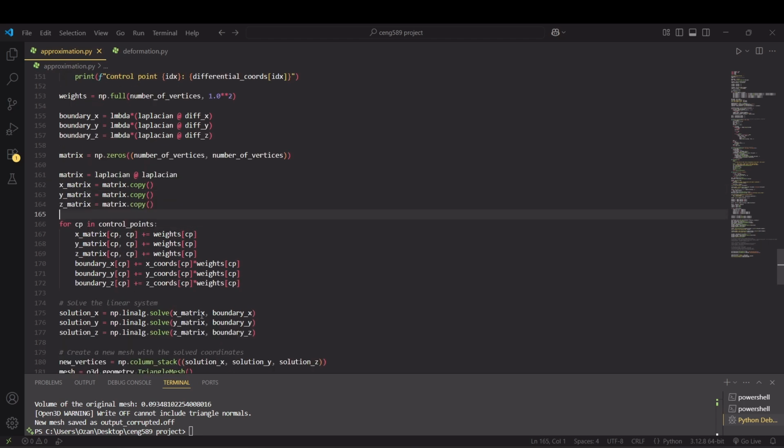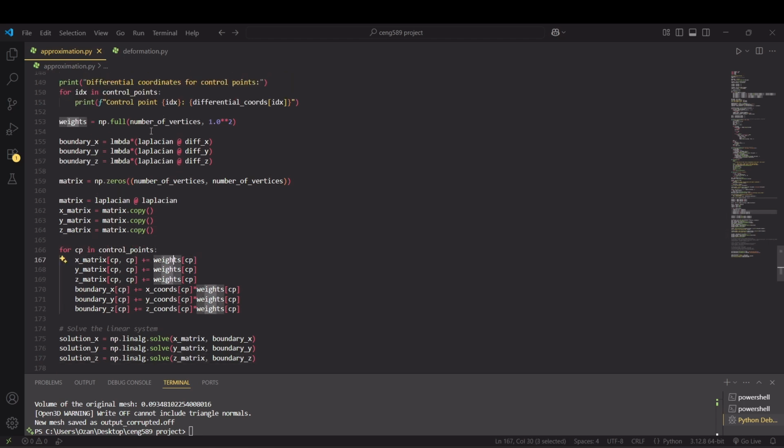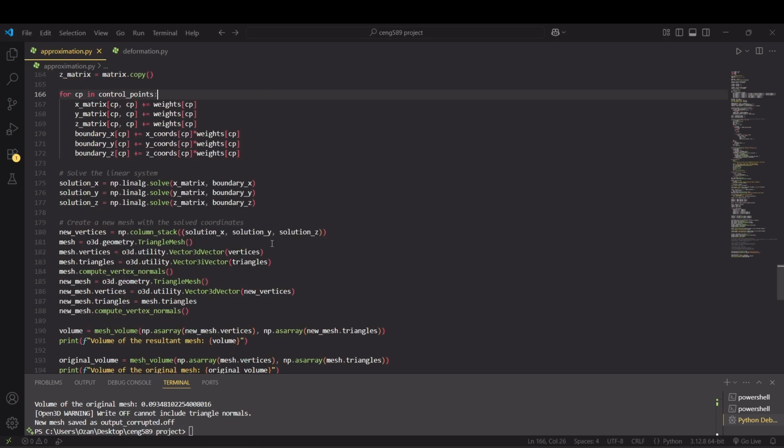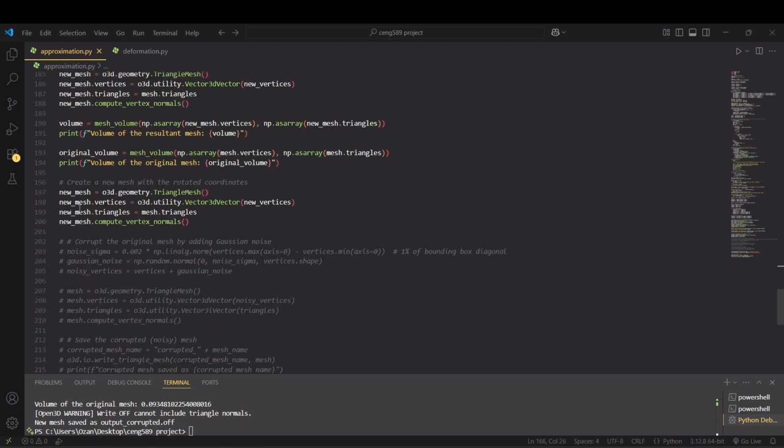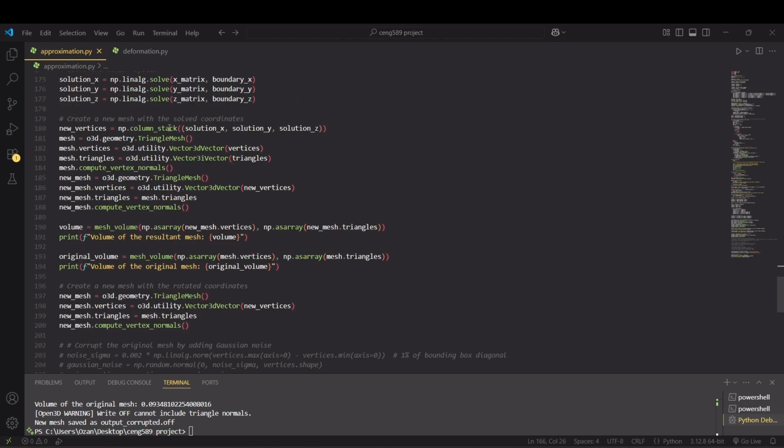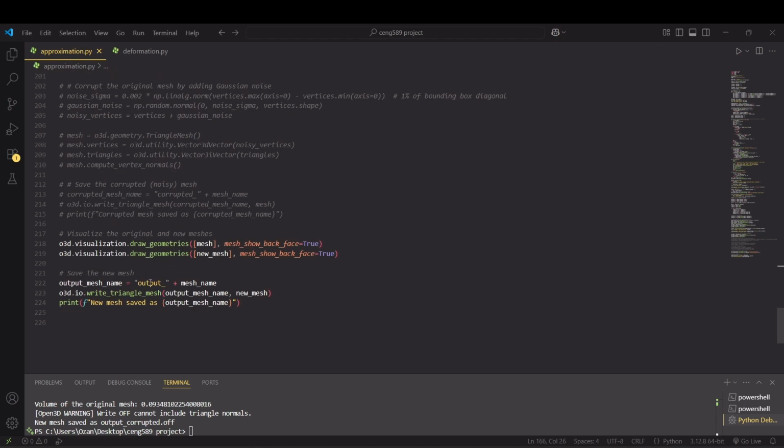Then we solve for x, y, and z separately. Here weights are typically 1, but we can change it.